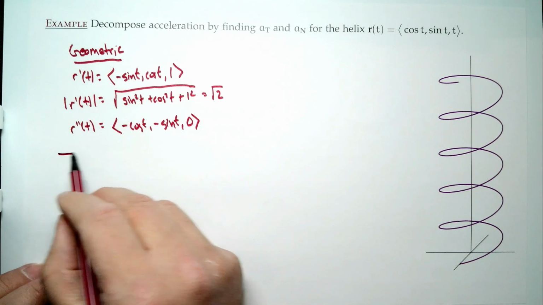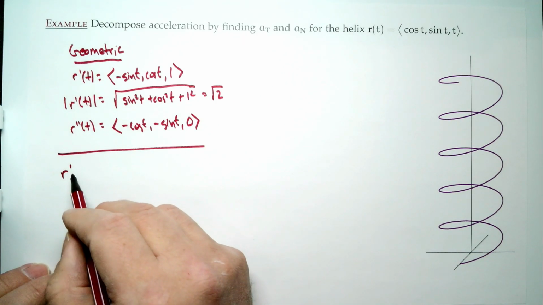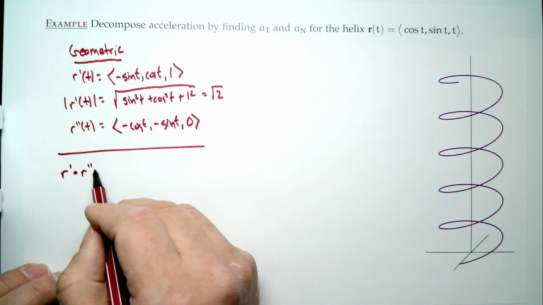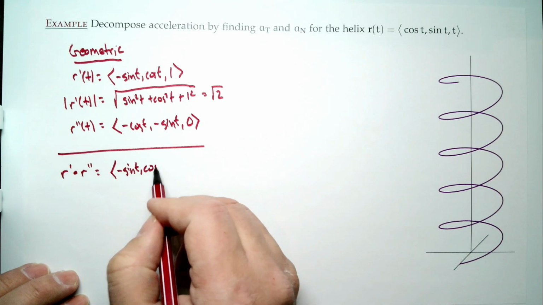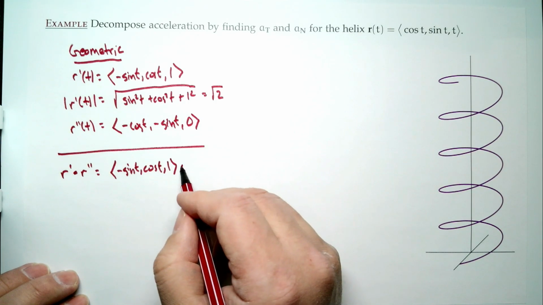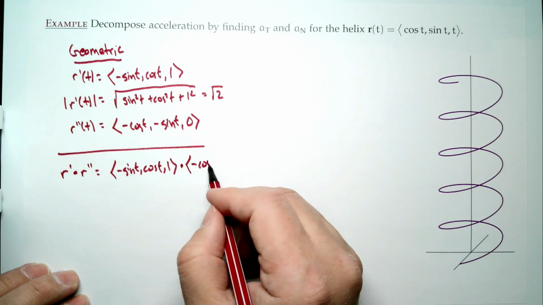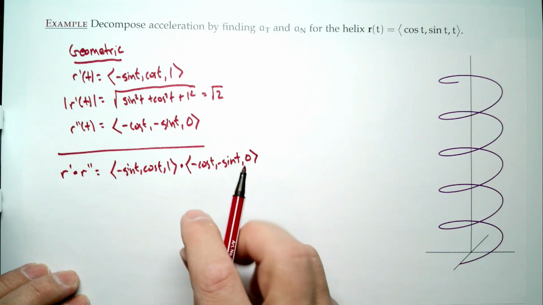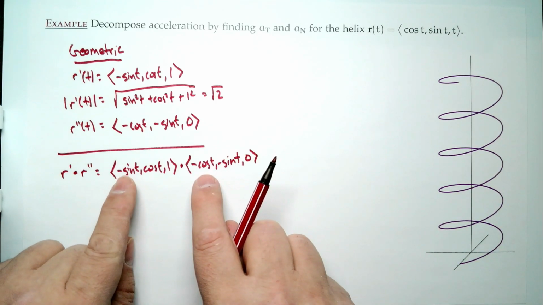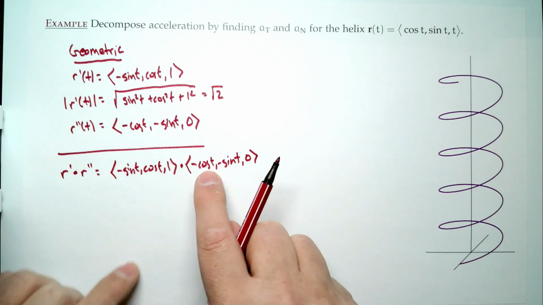Okay, so now with these in place, what do we have? Well, we're going to need r prime dot r double prime. So negative sine, cosine, 1 dot negative cosine, negative sine, 0. So that's going to be minus sine t times minus cosine t.